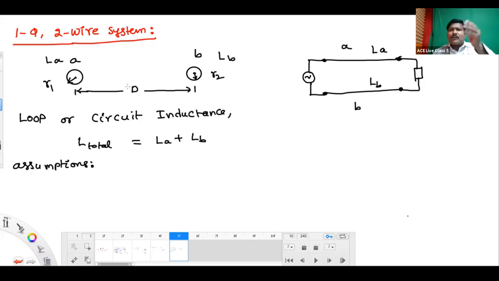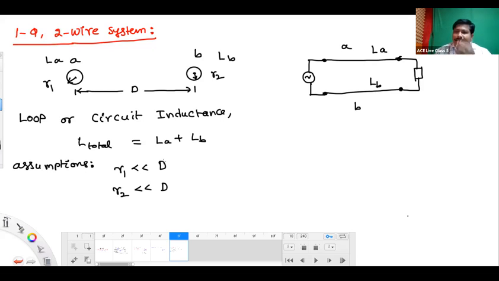It is a very practical one: in a single phase 2-wire system, the conductor size looks very small compared to the distance between the conductors. So R1 is very much less than D, and R2 is very much less than D. This is the first assumption.